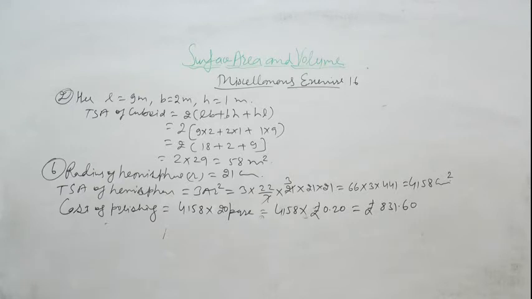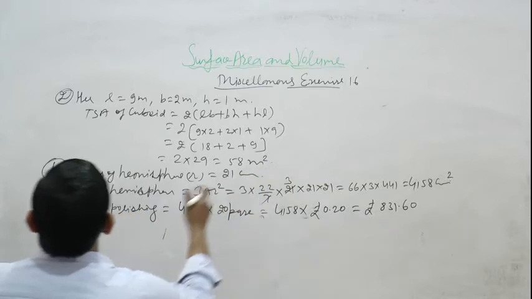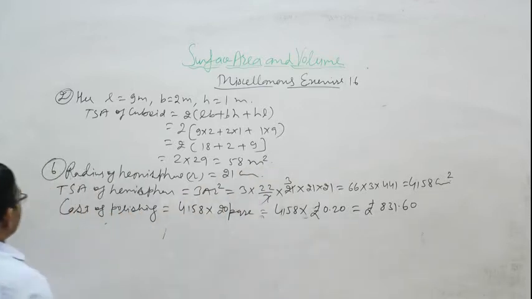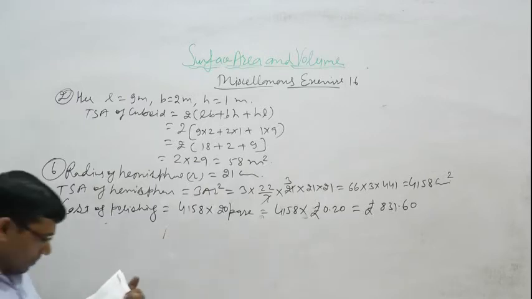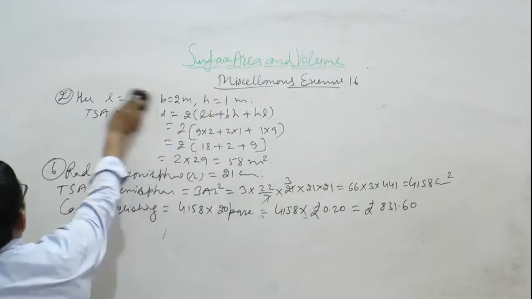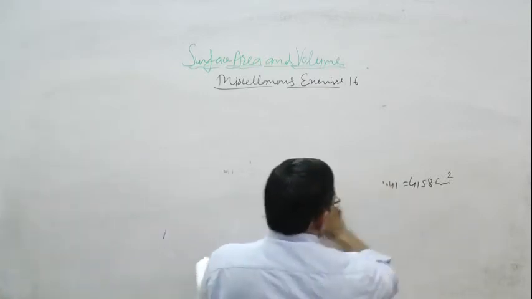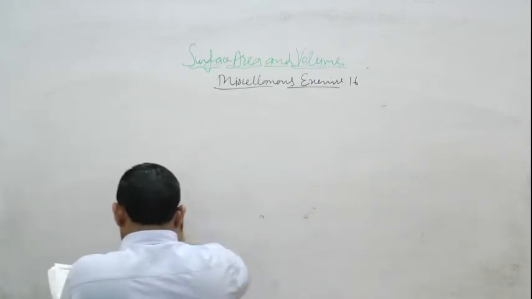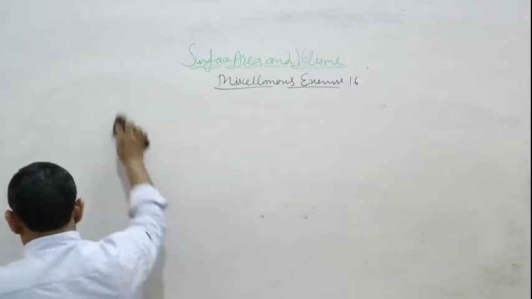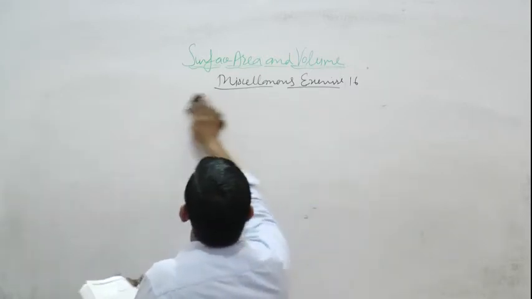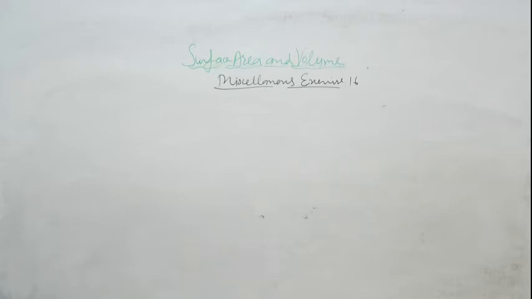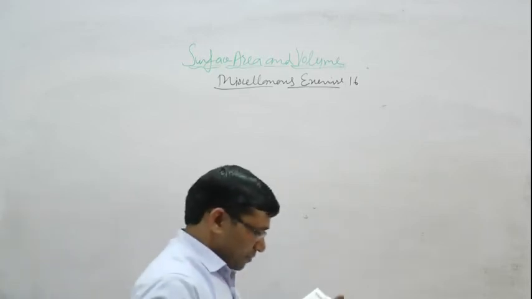Then some students asked about question number 8. The left part of the solid body is cylindrical and the right part is conical.